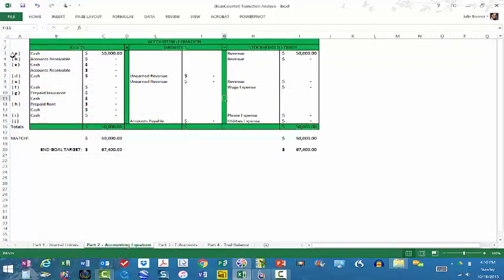Okay, so transaction A, we have cash, which is an asset, and we have revenue, which is being listed under stockholder equity. And the reason for that is because when we earn revenue, and we have expenses that are deducted from that, that money actually ends up in retained earnings eventually, which is a stockholder equity account.